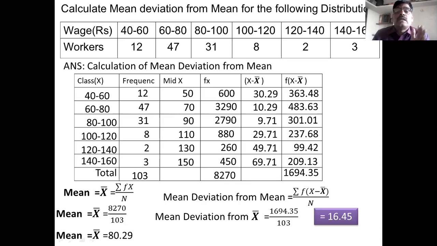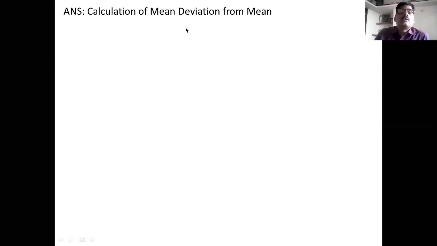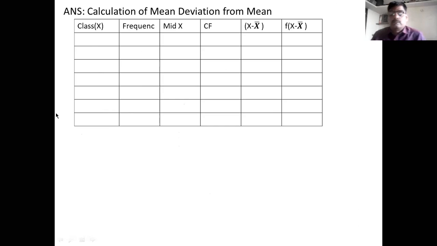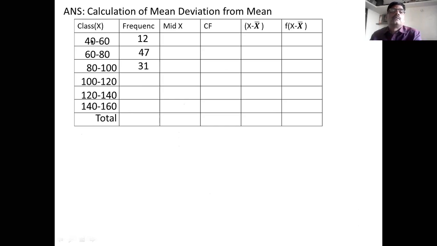The same problem can be solved with the help of a second method. I'll show the second method. If mean deviation from mean and median are asked, the second equation I'll show here. You see the same problem, calculation of mean deviation from mean. You see here x column, class, frequency, then mid x.